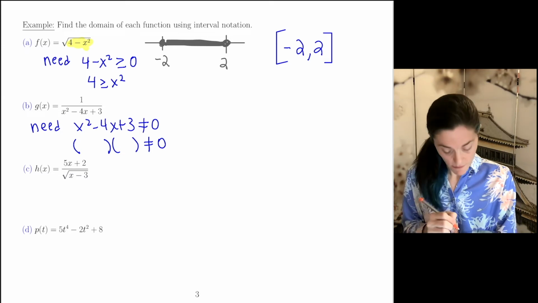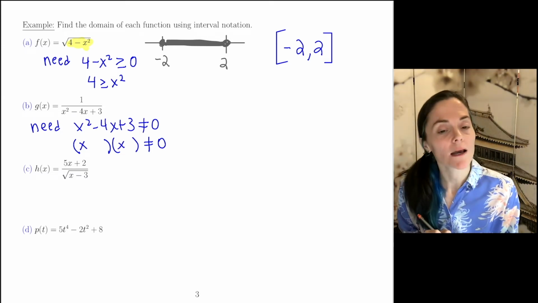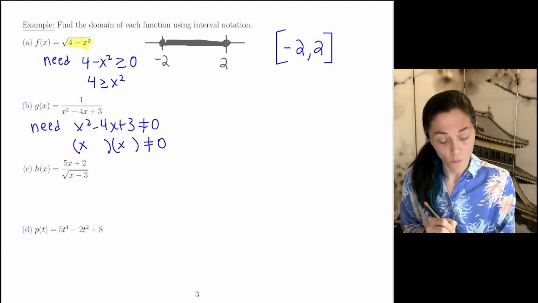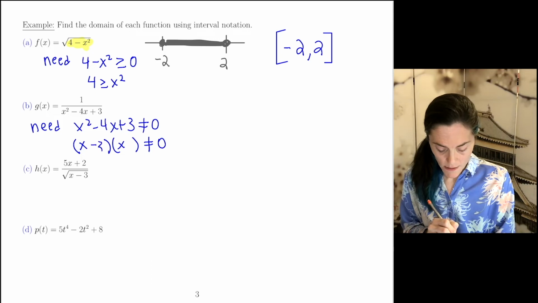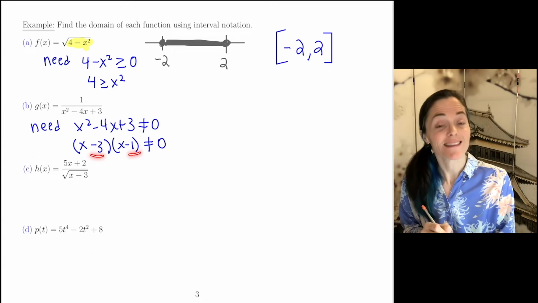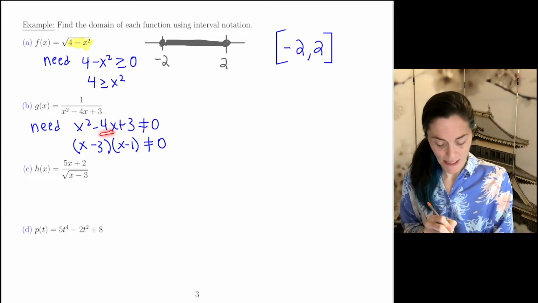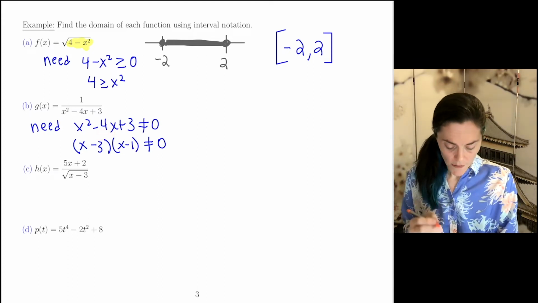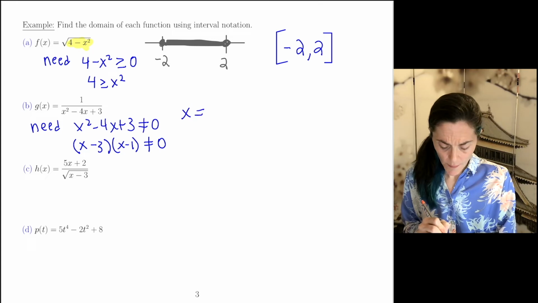We have x and x, and then I need the product of the 2 numbers to be +3 and the sum to be -4. So how about -3 and -1? Now let's check. Multiply these 2 numbers, we get +3. And if we add these 2 numbers, we get -4. So this looks great. Well, this says that x cannot be 1 or 3.